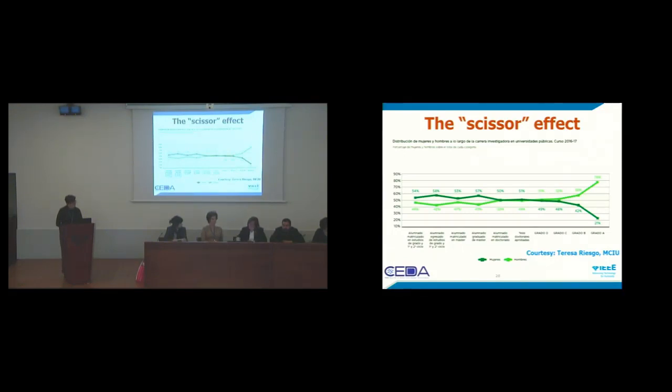I have data here from the European Union, from this report, because I try to use real figures. This report is called She Figures. It's a report that is published every 2 years, I think, from the European Commission, from the DG Research. And in this report, the numbers in the European Union are even worse. And the ones selected for engineering and science are much, much worse than that.